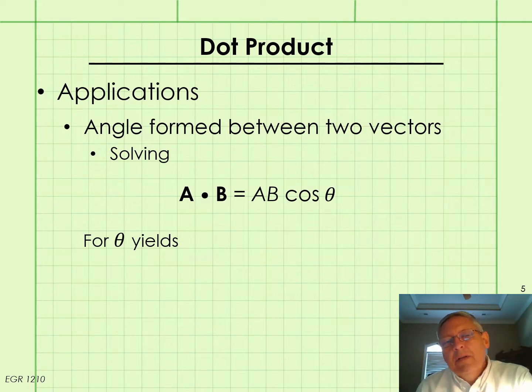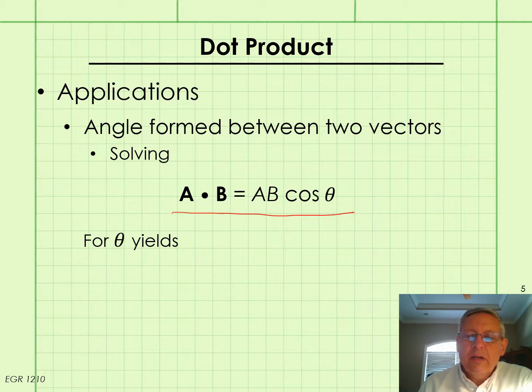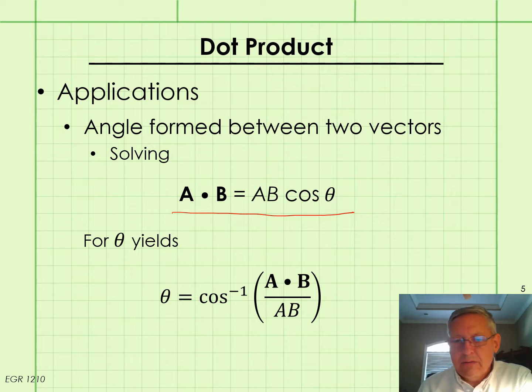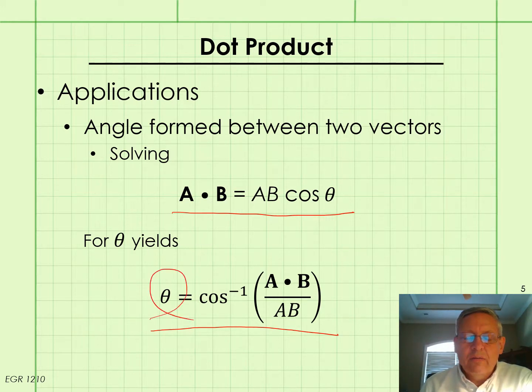Let's look at a couple of applications of the dot product that we can use in statics. The first one is we can use the dot product to find the angle between two vectors. If we solve our dot product equation for theta, we get this equation, which we can solve for theta, which is that angle between the two vectors.